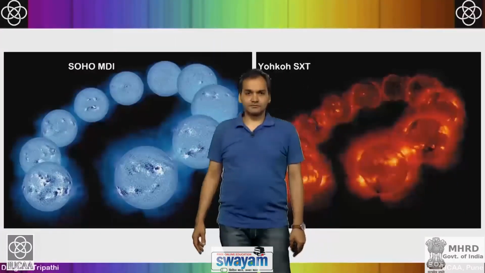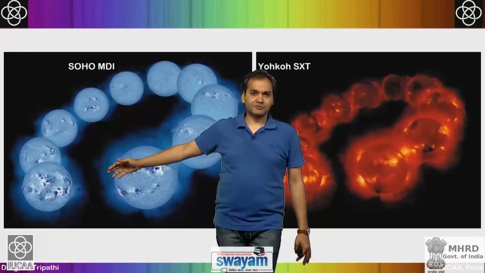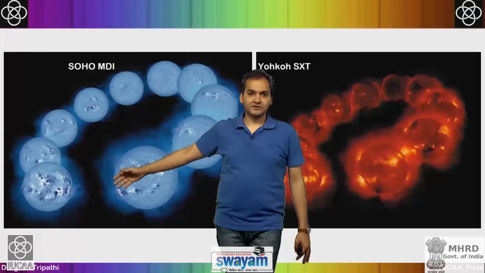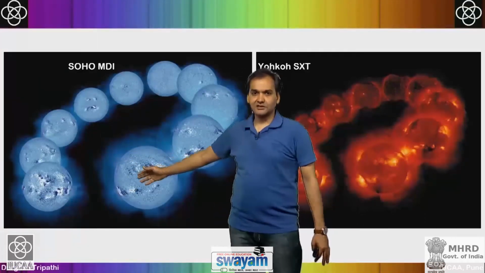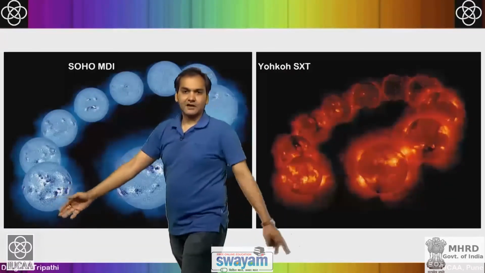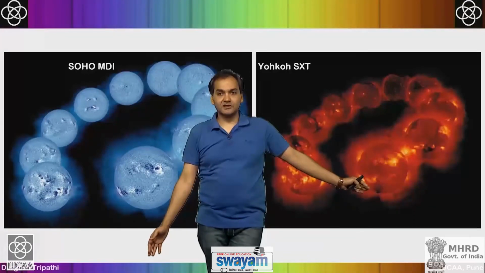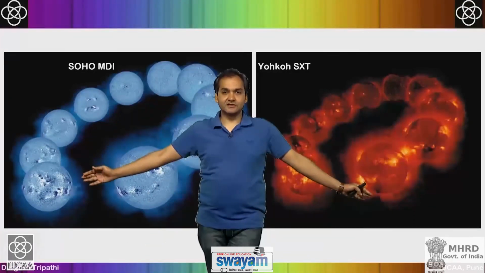Look at these 11 magnetic field maps put together, taken every year, going from solar maximum here till minimum, and then maximum again around here. How would the sun's X-ray emission appear when the magnetic fields are like that?